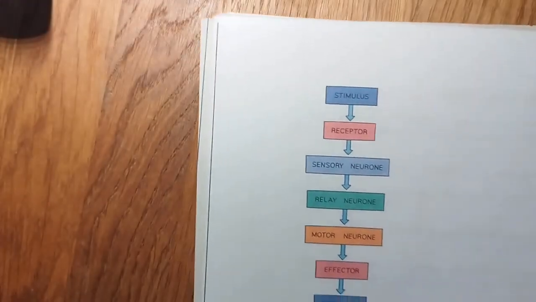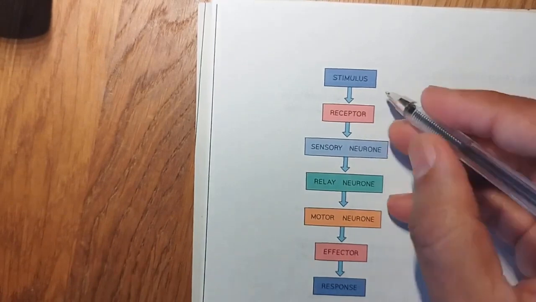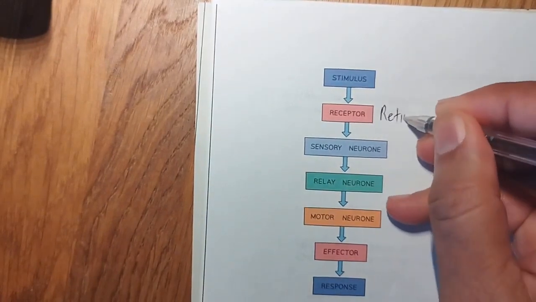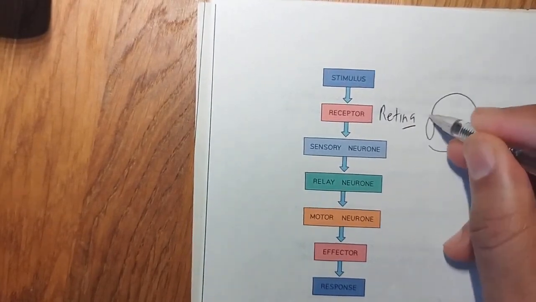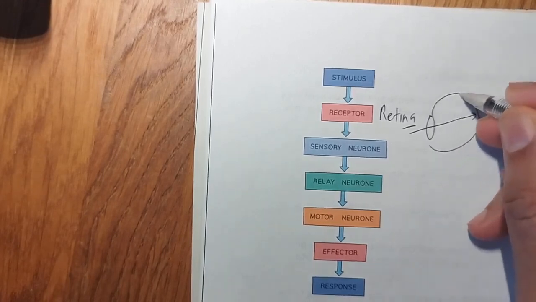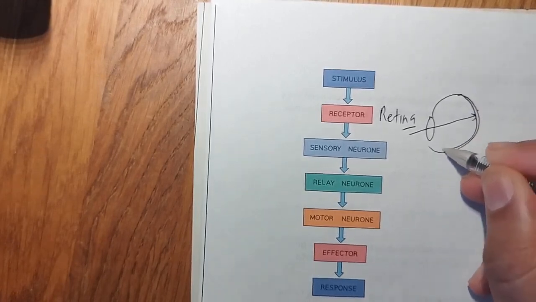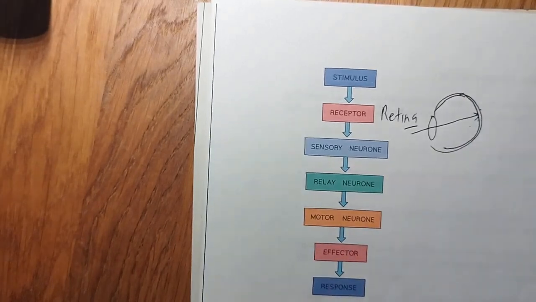What happens is the stimulus, that is light, goes on to the light receptors that are located in the retina of the eyeball. If this is an eyeball, the light entering there falls on the retina. The retina is the inner membrane of the eyeball, and that's where the receptors for light are located.